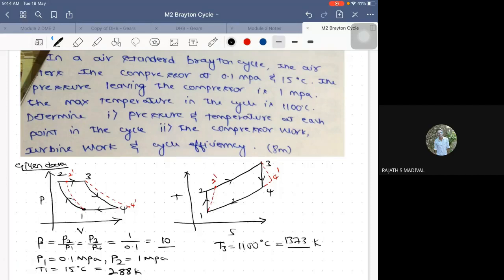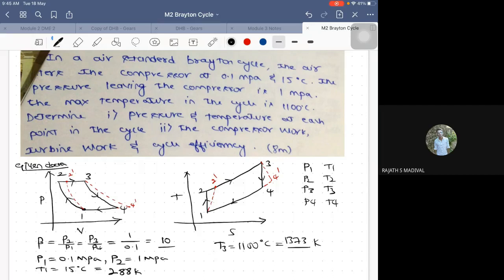Next is the task: determine the pressure and temperature at each point in the cycle. So what are we supposed to find out? P1, P2, P3, P4. Similarly, T1, T2, T3, T4. Temperature and pressure at all points in the cycle.